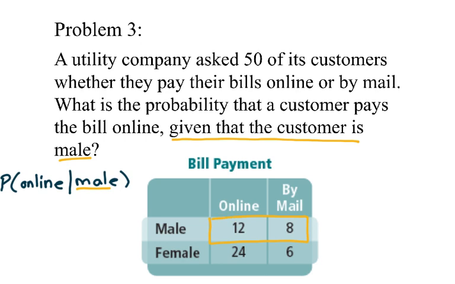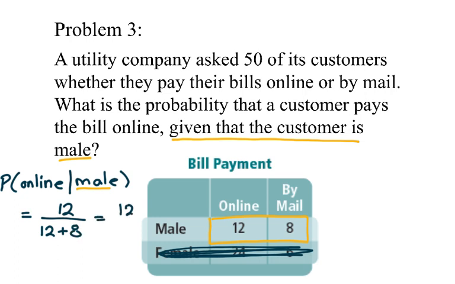So from this group of people, the probability that they pay online is 12 out of 20. I'm not even looking at the females because it's given that they're male. So this is going to equal 12 over my total, so 12 plus 8. So this is 12 over 20, which is 0.6.